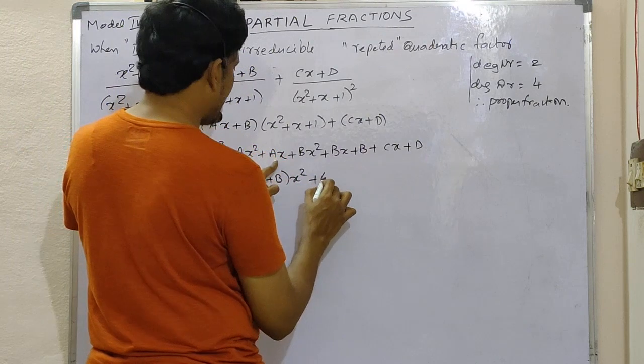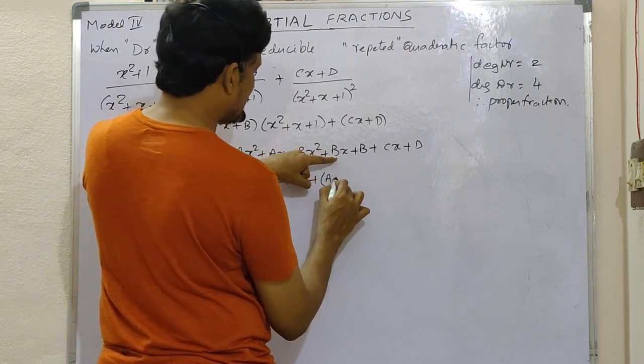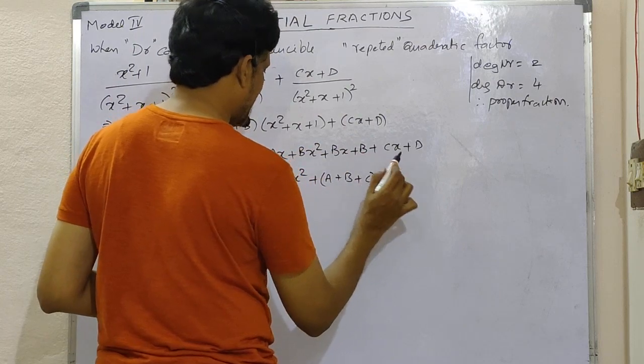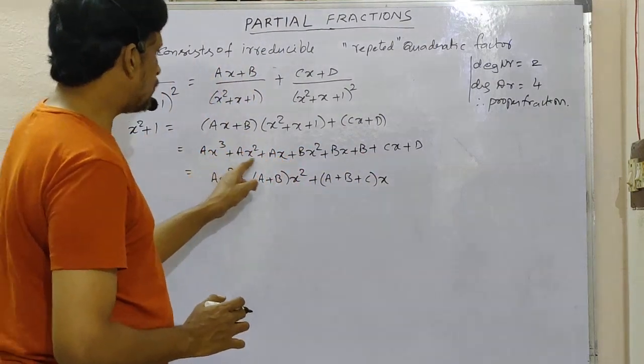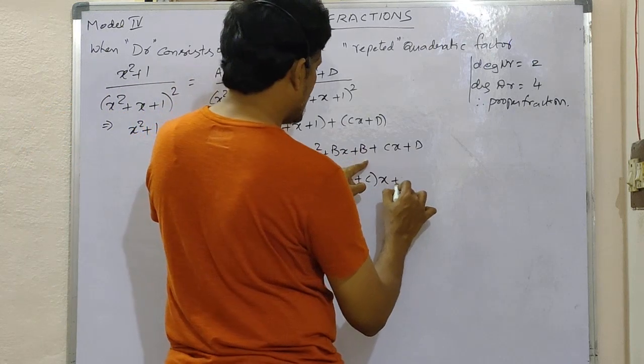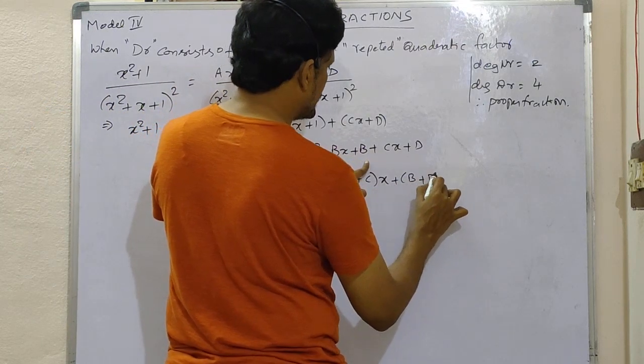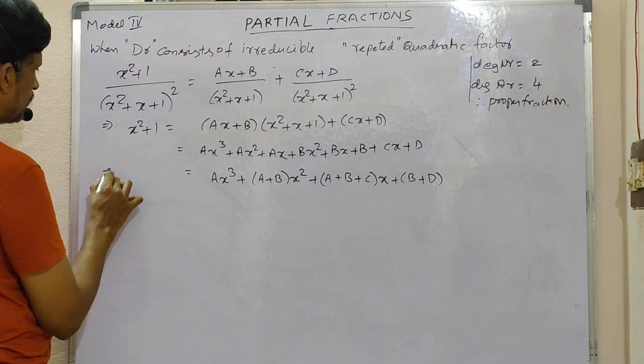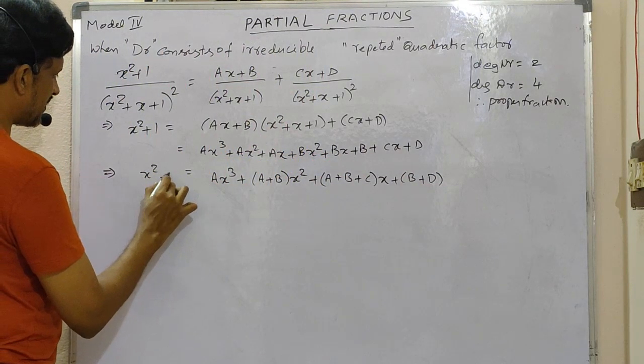Now by taking common x you are getting the coefficients ax plus bx plus cx is there. So a plus b plus c into x, and now the constant is b plus d. b plus d is the constant. This is equal to the numerator, that is x square plus 1.